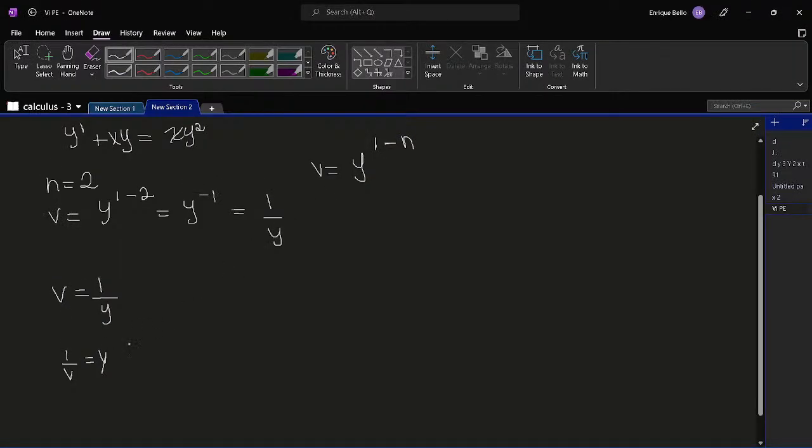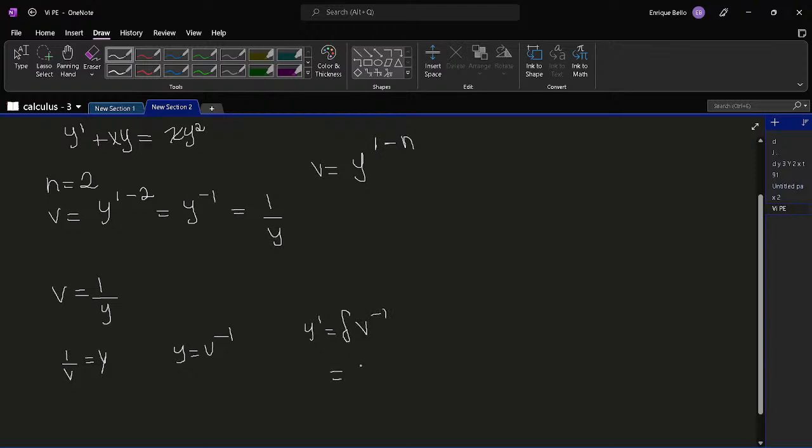He has v to the minus 1. So y equals v to the minus 1, right? So to get the y prime is to basically integrate v to the minus 1.